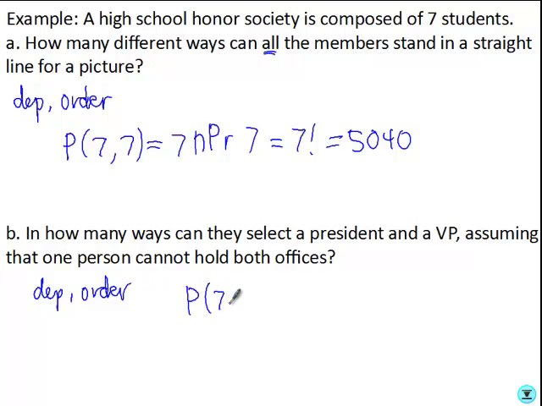There are 7 people to choose from, but I only have 2 offices to fill, and so it's going to be choose 2, 7 nPr 2, and the calculator is what you'll punch in, and that's going to be 42. If you want to do it by the formula, it's going to be 7 factorial divided by 7 minus 2 factorial, which is 5 factorial. There are 42 different ways.